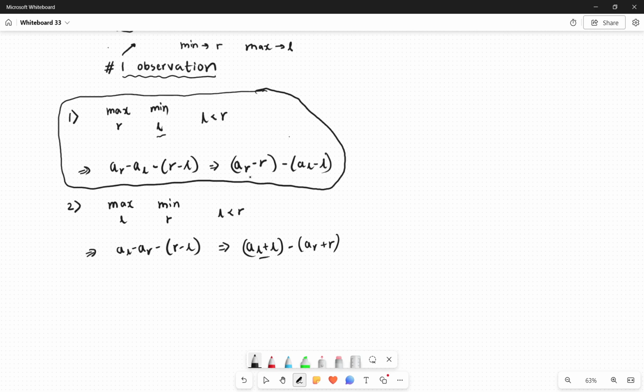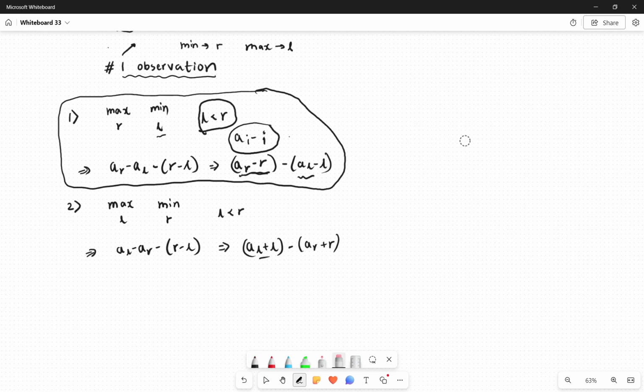In this case, we are dealing with this ai minus ai minus i thing, and as we know, L is less than R. So ar minus r should be taken as the first argument in the subtraction, and then secondly al minus l.